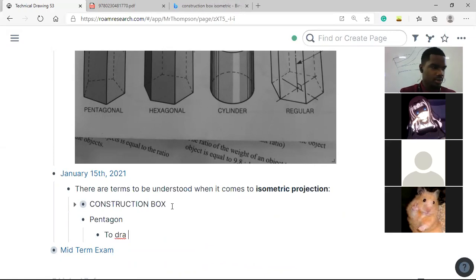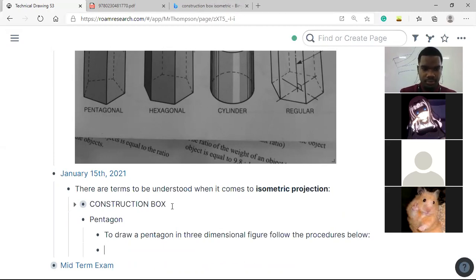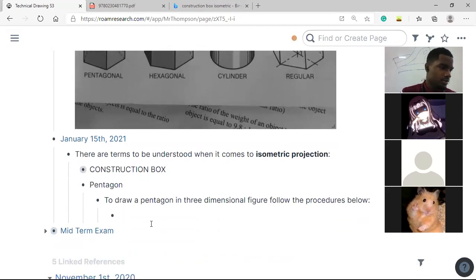So here are the instructions. To draw a pentagon in 3-dimensional, follow the procedures below. Okay.